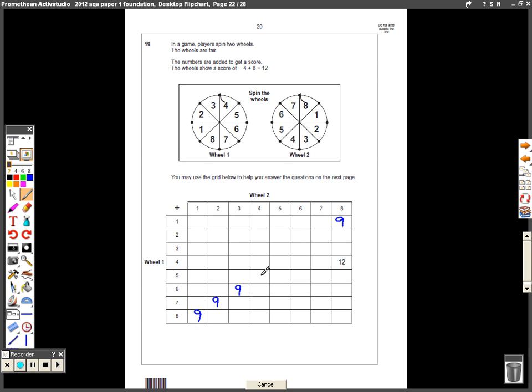In fact, all the ones across the middle there would give us 9. 1 and 1, that would give us 2. 1 and 2, that would give us 3. 2 and 1, that would give us 3. And I think you can probably see that there's a pattern, and we could fill them all in.